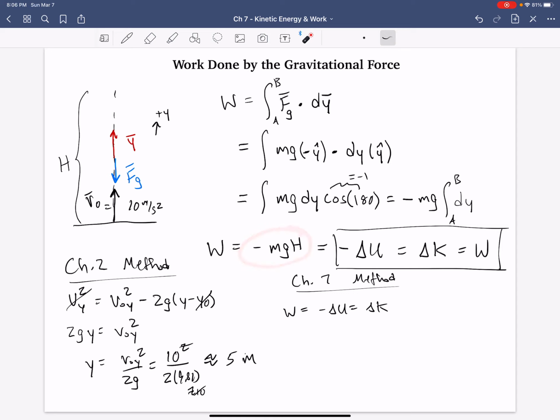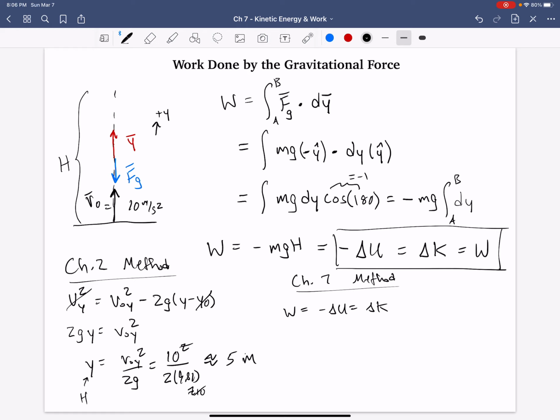As this object is moving up, the force of gravity is acting downwards on it, and we got a negative mg times the total height h. I know over here I called it y, sorry, but actually that should be h.